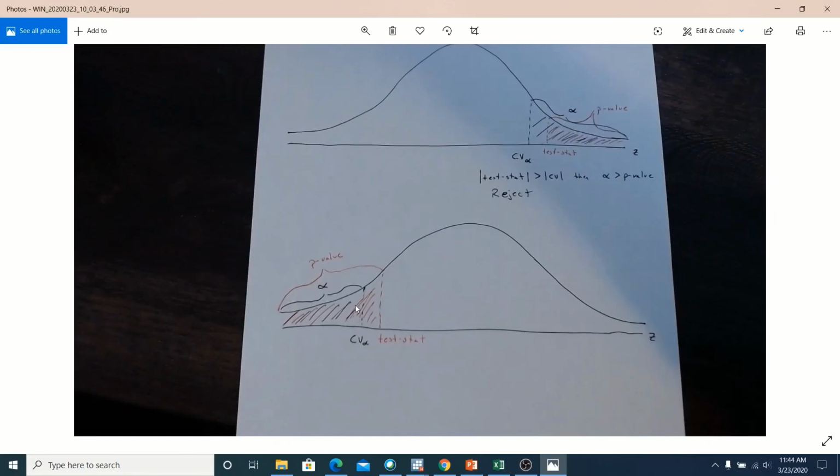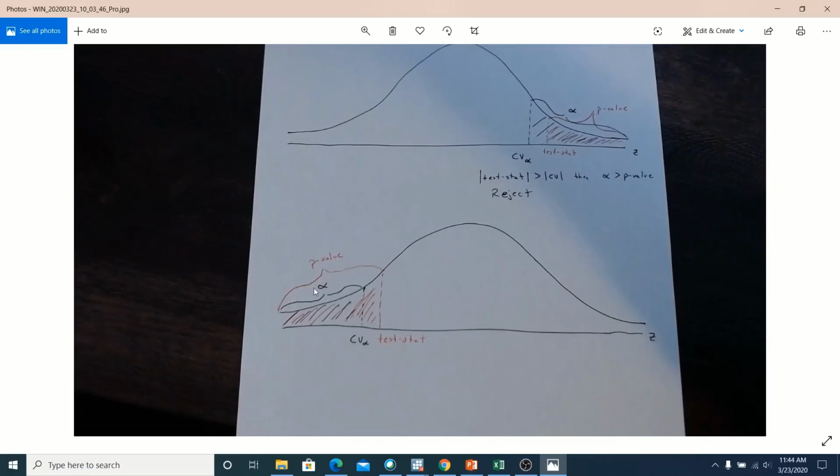And I have the same thing drawn out for a left-tailed test. Here, in order to avoid using less than, greater than, notice this is a scenario I drew where the test statistic is less than, in absolute value, my critical value, or it's outside my rejection region. Once it's outside my rejection region, notice the area to the left for a left-tailed test, the area to the left of my test statistic represents my p-value.